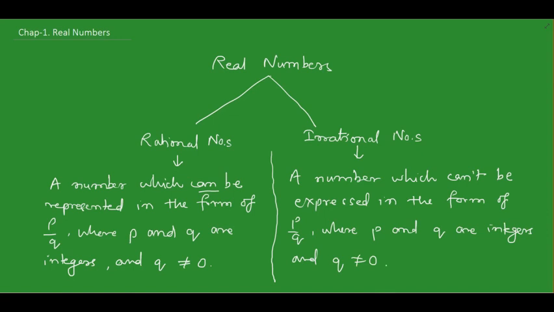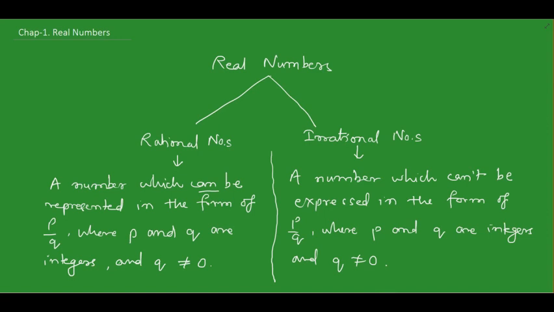Okay, so here you can see the definitions of both rationals and irrationals are alike. A rational number can be represented or expressed, and an irrational number cannot be represented or expressed, in the form of p by q.